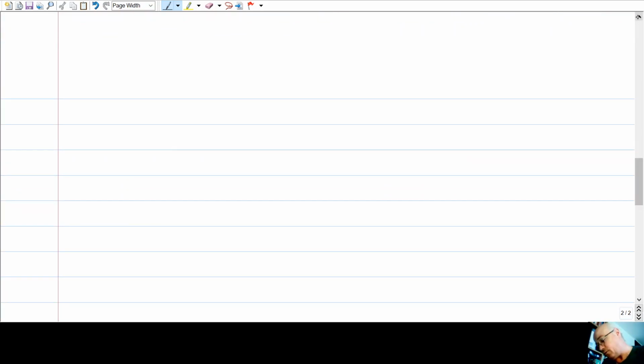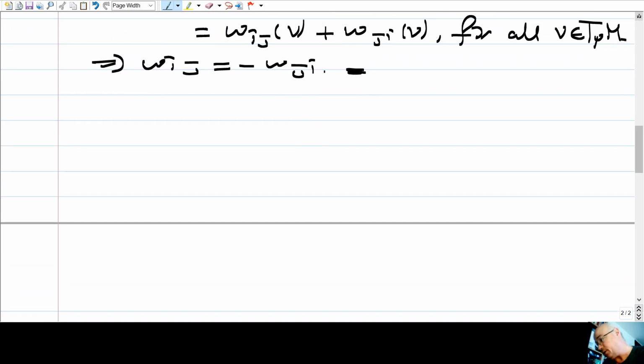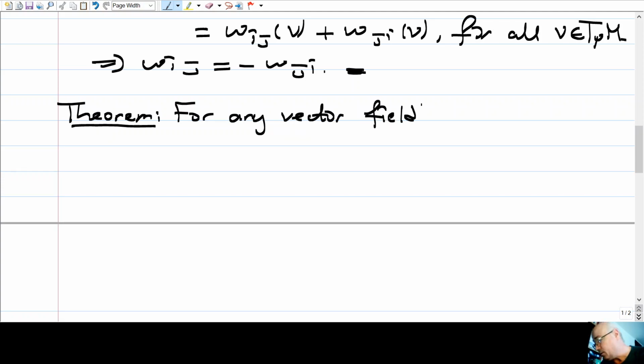Actually, as a consequence of this result, we have this. Let me state this as a theorem. For any vector field V on R3, we have the covariant derivative of Ei along the vector field V. So this is another vector field.